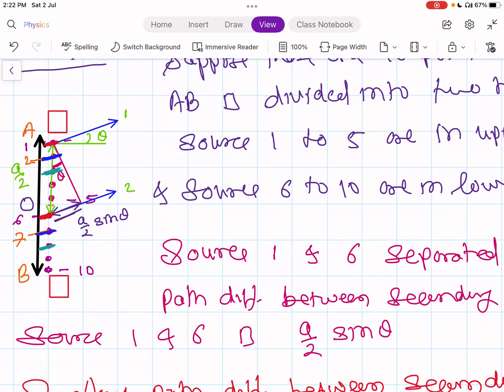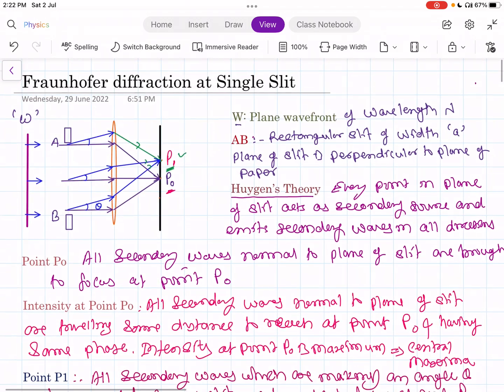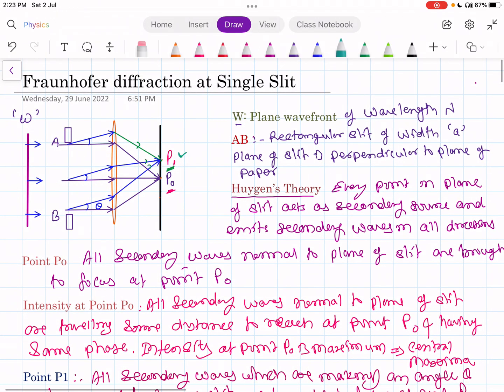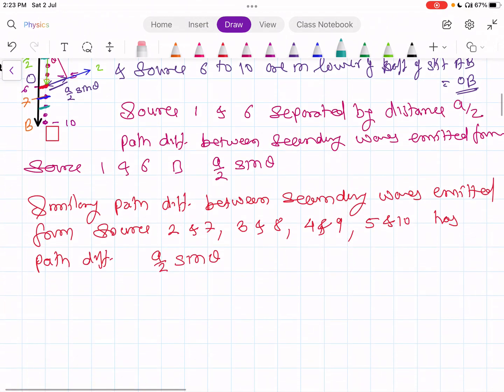Let us assume that at the point P1, these secondary waves, which are making an angle θ with the normal to the plane of the slit, are reaching point P1. And let us assume that at P1 we get the first minima.